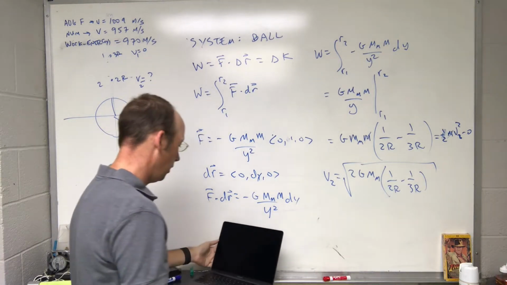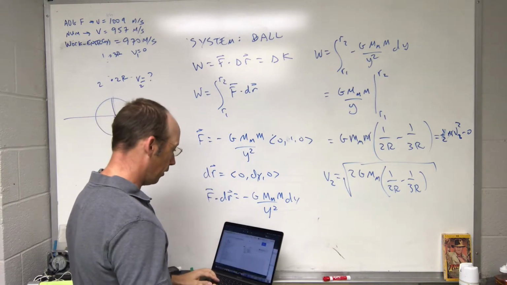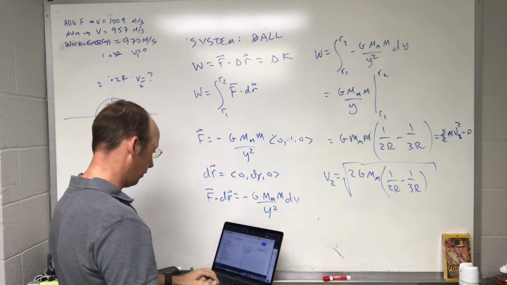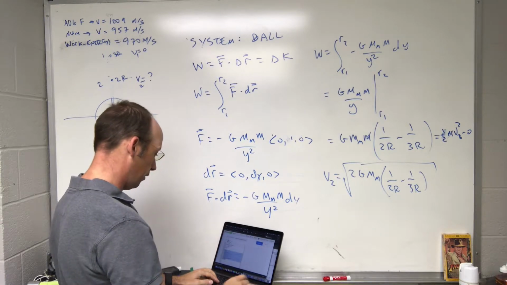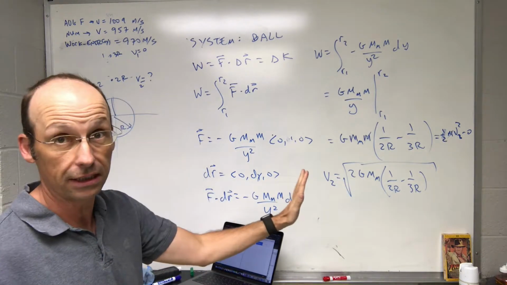Real quickly, you can put this in your calculator if you want, but let's see. Let's copy this and delete all this stuff. The mass of the object cancels, as you can see here.